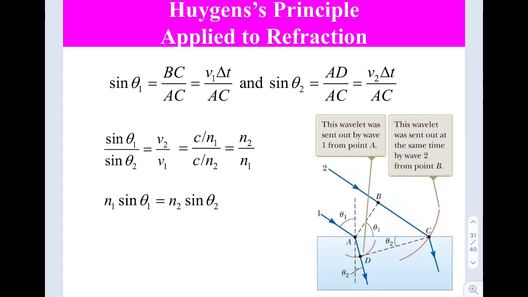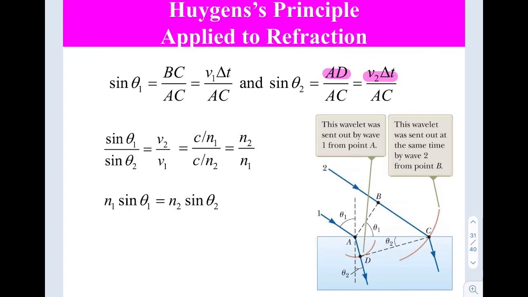And the light continues to propagate in the same direction. Because these two wavelets travel through different media, the radii of the wavelets are different now. The radius of the wavelet from A, which is AD, is equivalent to V2 times delta T, where V2 is the wave speed in the second medium.